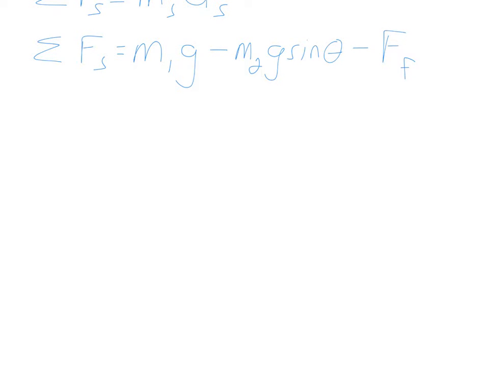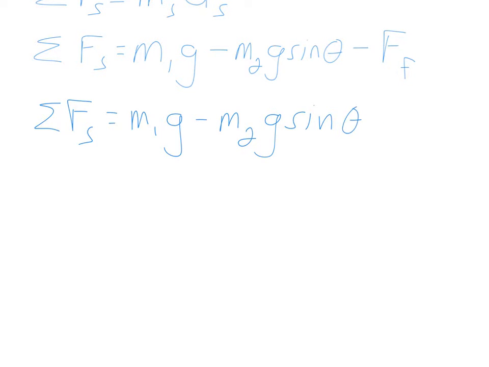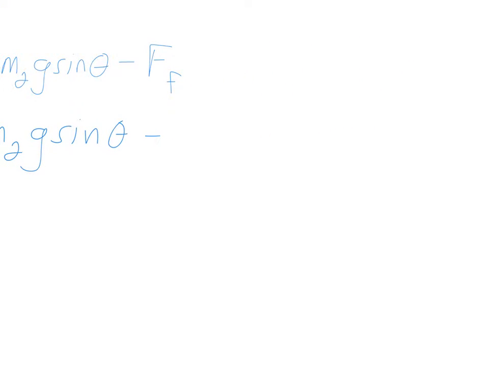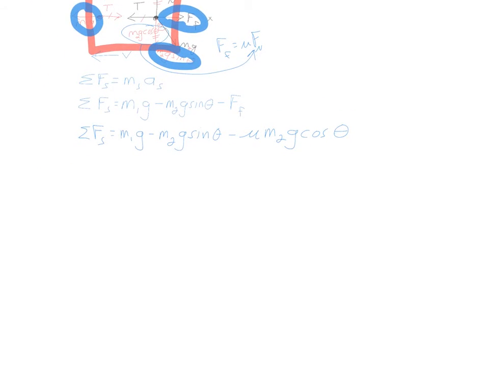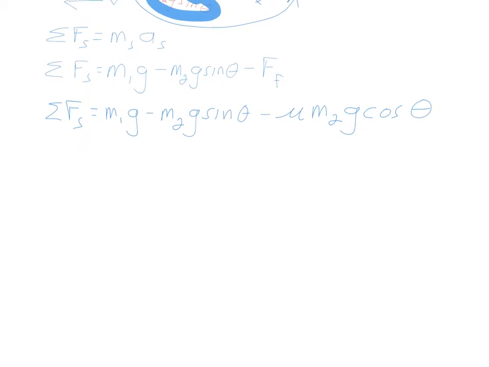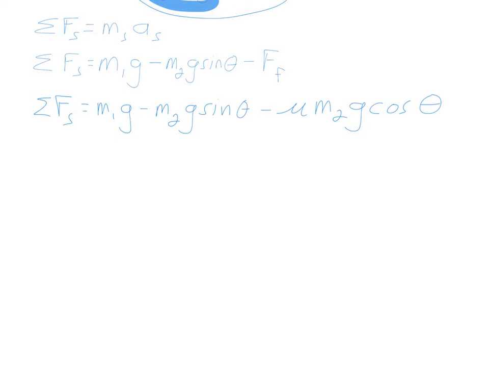So if I replace FF with mu times the normal force, which is m2g cosine of theta, I can now see that I have a way to get to an answer for what is mu.